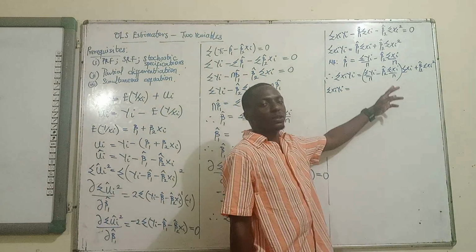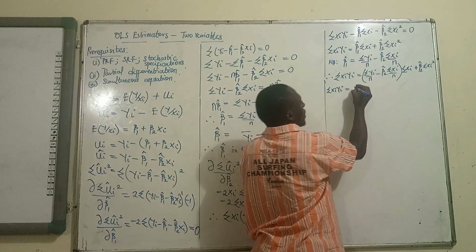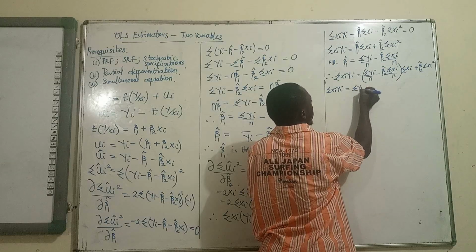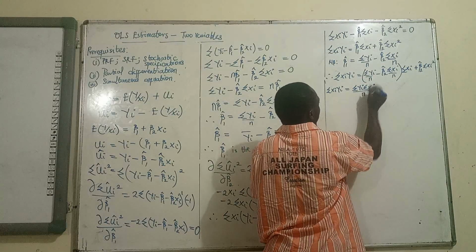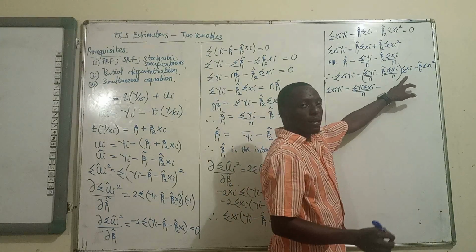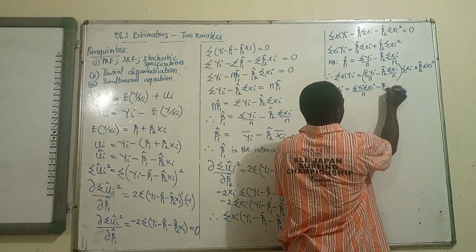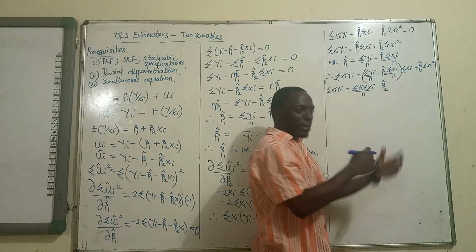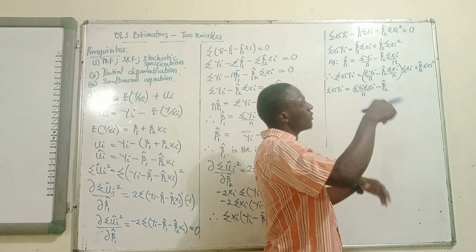So let's open this bracket up with summation xi. Summation xi multiplied by summation yi, we have summation yi summation xi divided by n, this n, minus summation xi multiplied by beta 2 cap summation xi, we have beta 2 cap summation xi multiplied by summation xi, just like you have a multiplied by a, that will give you a squared.